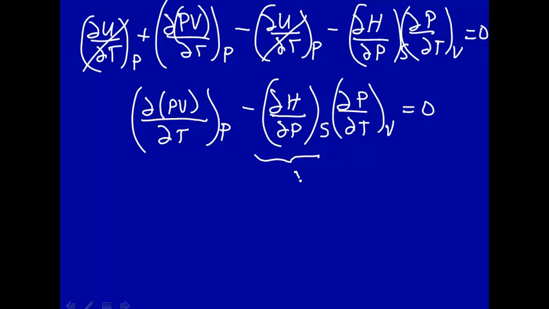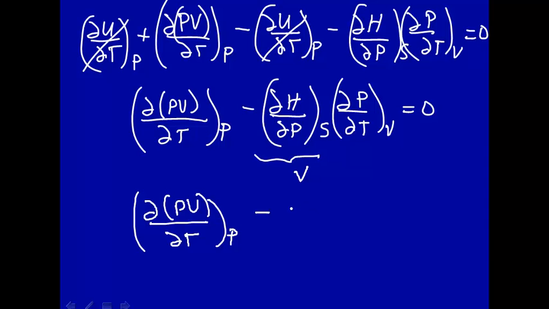All right, so that's volume. So we now rewrite this as how PV changes with temperature at constant pressure minus V, how pressure changes with temperature at constant volume. That's equal to 0. And let's rewrite this in anticipation of where we're going.